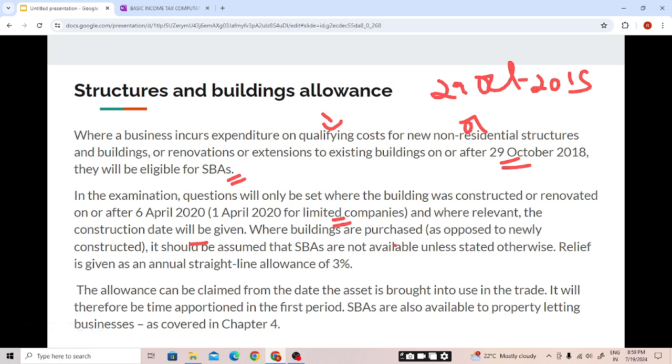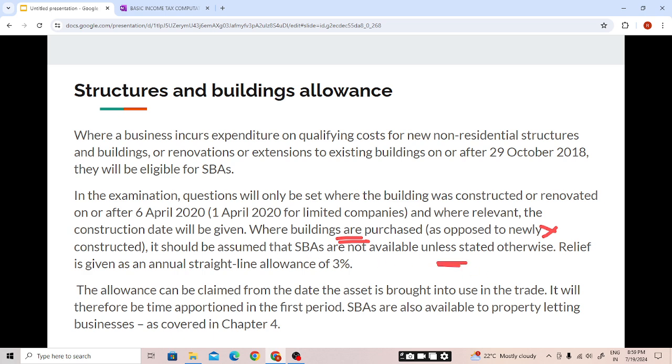Where buildings are purchased as opposed to newly constructed, it should be assumed that structures and buildings allowance is not available unless stated otherwise. So students, if we purchase a new building, it will not qualify for structures and buildings allowance. But if it is stated, we will calculate it.